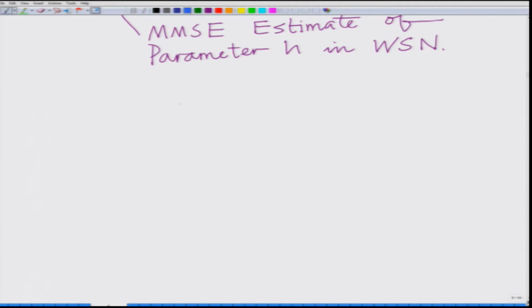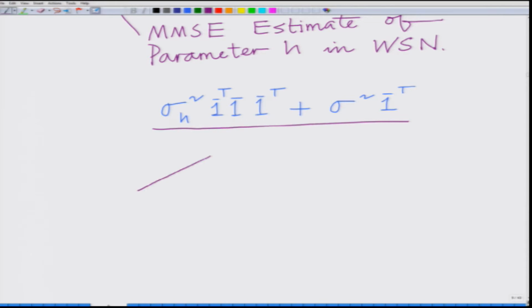Let us start with this quantity, that is sigma h square 1 bar 1 bar transpose 1 bar transpose plus sigma square into 1 bar transpose. I can simplify this into two forms.